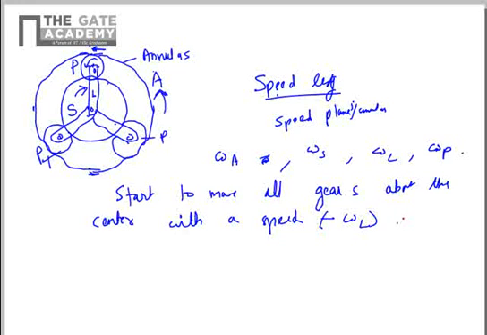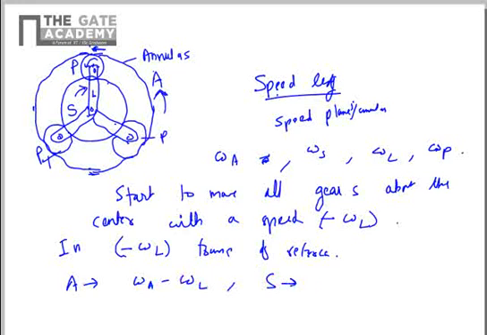Then if you are seeing from that frame of reference, so in the minus omega L frame of reference, the speed of various components in this epicyclic chain will be: the annulus A will be omega A minus omega L, the Sun will be omega S minus omega L, the planet will be omega P minus omega L, and the leg will be omega L minus omega L, that is 0.